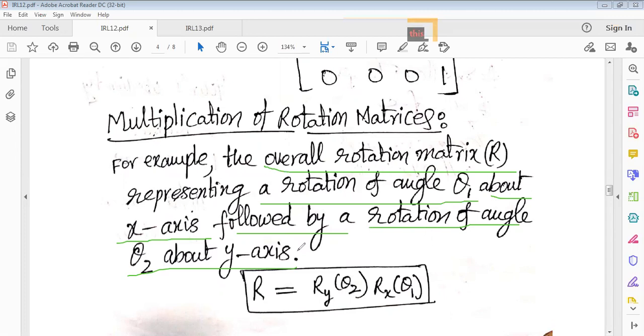Okay, so while writing the overall rotation matrix R is equal to, in this equation, the last action comes first. Okay, so this is the second action.